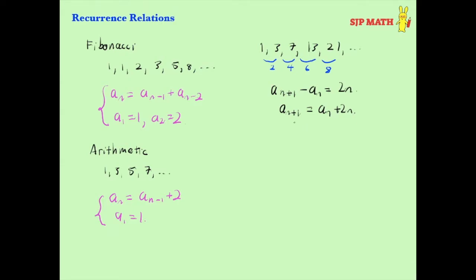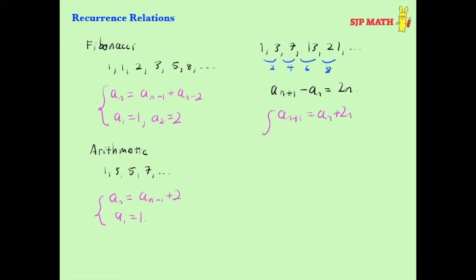This is a different representation, because here we have a_(n+1) and a_n, and before it was a_n and a_(n-1). We could make it the same, but let's just leave it like this. So a_(n+1) is equal to a_n plus 2n.